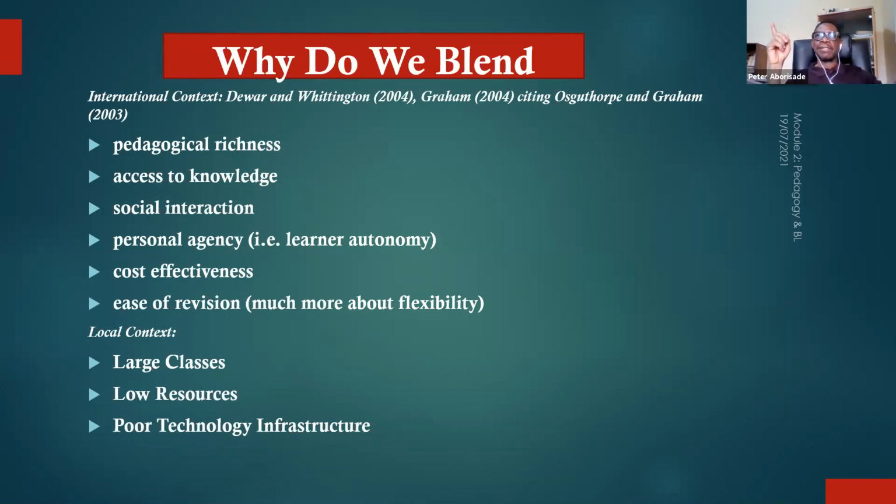problems of large classes, like the picture we saw a few slides back. We have low resources. We are relying more and more on our own in our institutions today. And we have poor technology infrastructure.